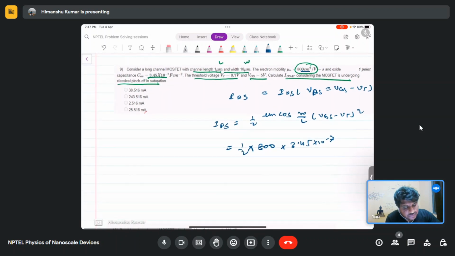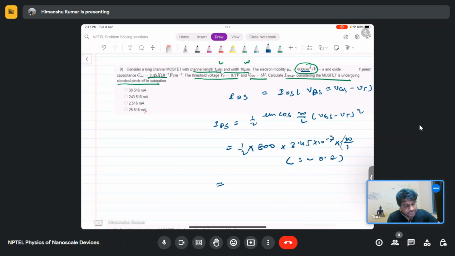Now W by L is basically W is 10 and L is 1. Because this is a ratio, we can cancel micron to micron, so no need to convert this. Then VGS is given as 5 volt and Vt is given as 0.7 volt.